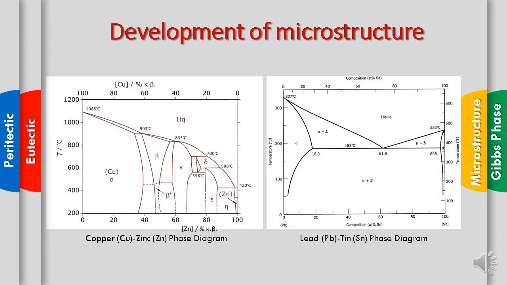So, like I already mentioned before, when we want to look at the different phase diagrams, in this case we have the lead-tin phase diagram and the copper-zinc phase diagram. They show different conditions of liquid and solid solution, alpha and beta, in different compositions.